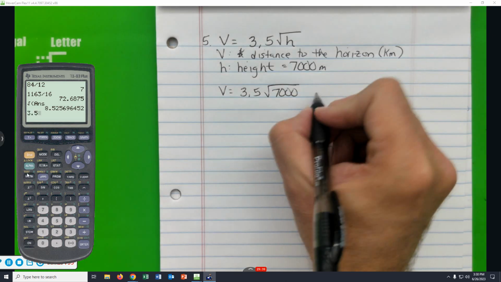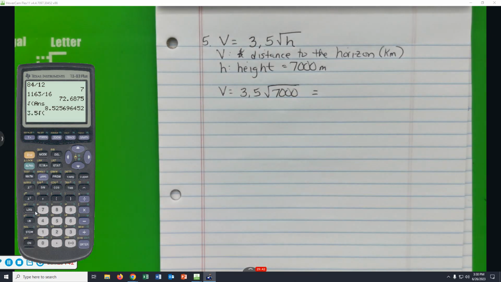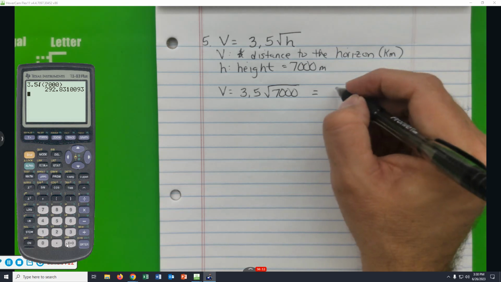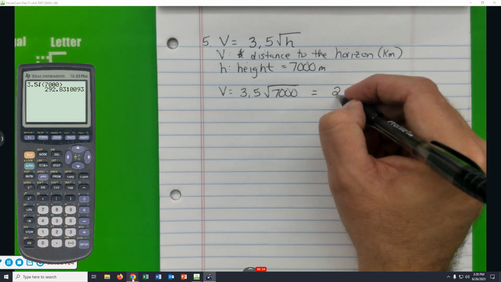So put that into your calculator. 3.5 times, oh wait, I need to clear that off. 3.5 square root 7,000. If the calculator opens a parenthesis, I close it. It's just the old programmer in me. How are we told to round? I don't know. We better look and see.